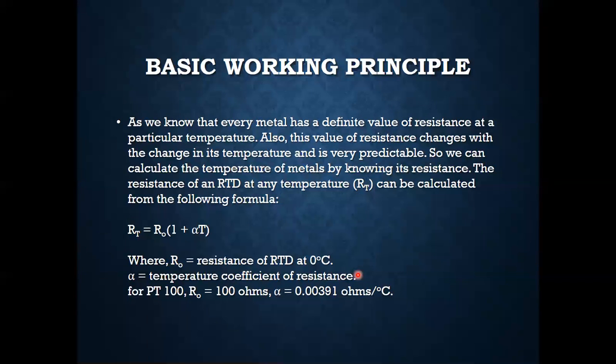That is how much change in resistance per degree change in temperature. Then for PT100, platinum 100, R0, that means at 0 degree it shows 100 ohm. Alpha of platinum is 0.00391 ohms per degree centigrade. This is the equation for RTD.